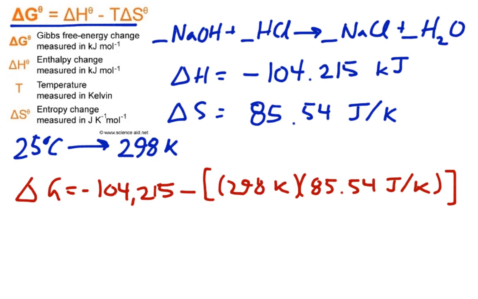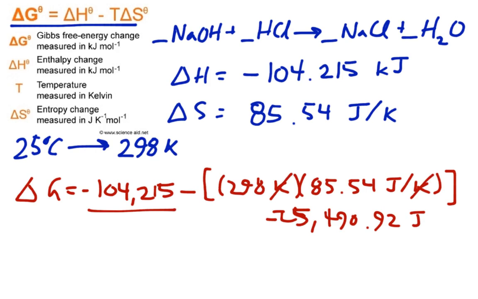When we multiply these values together, we get that the parenthesis area is 25,490.92 joules. And the Kelvin cancels out.